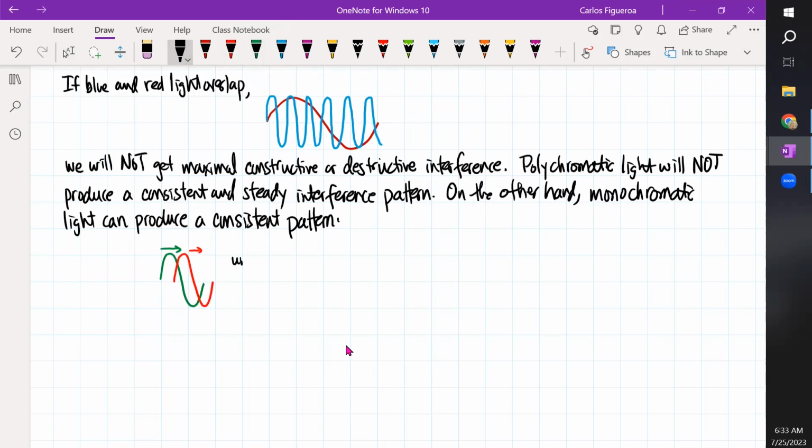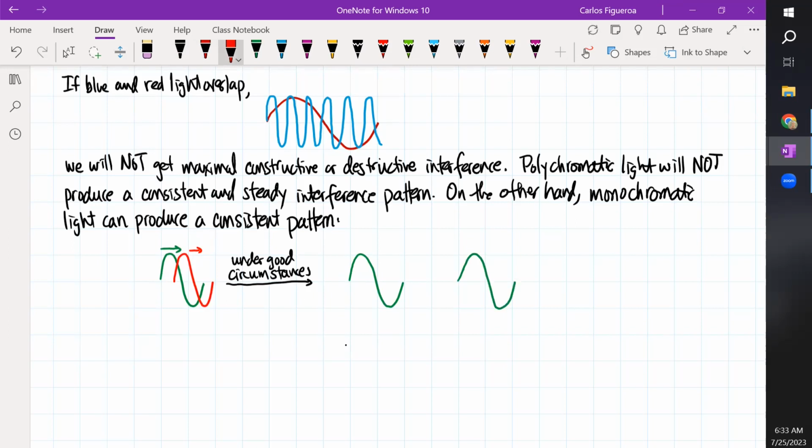Under good circumstances, we could get a situation where we can have this.